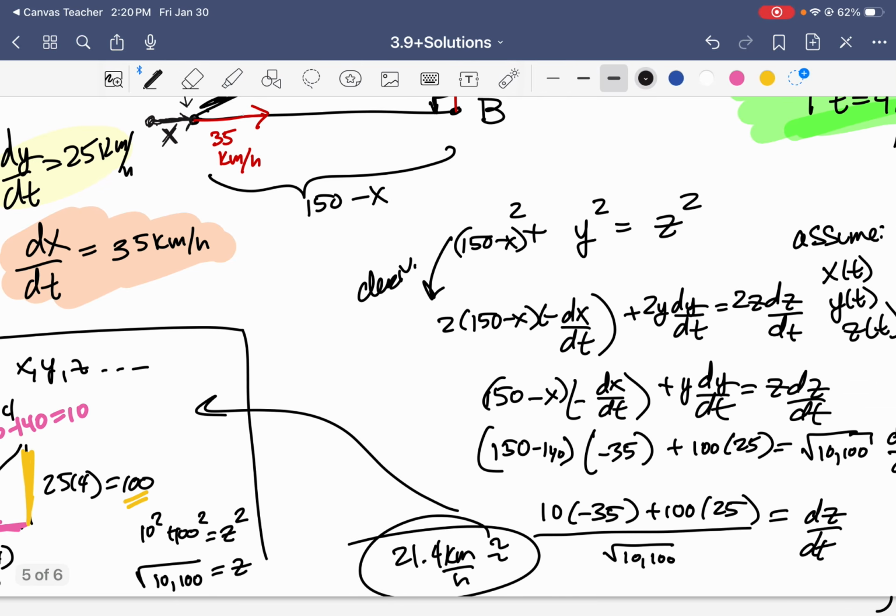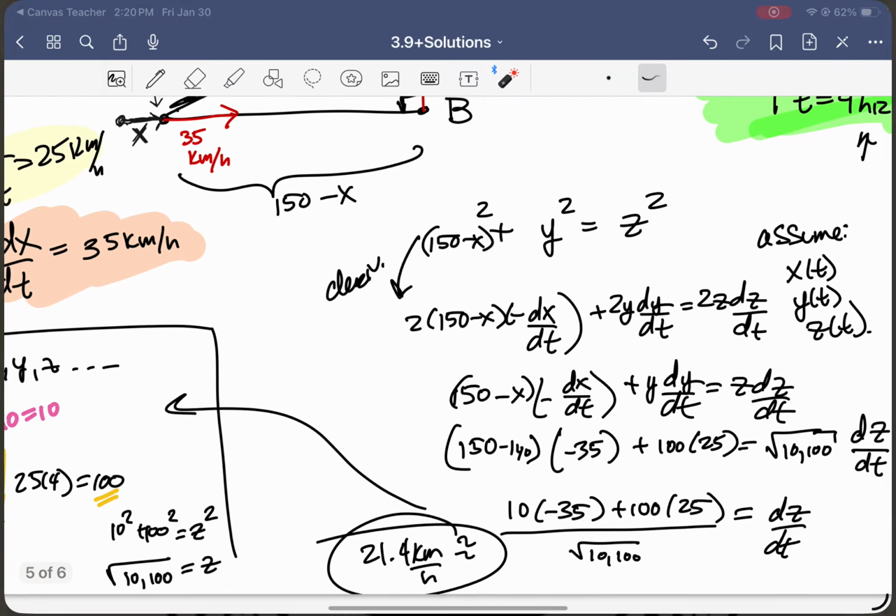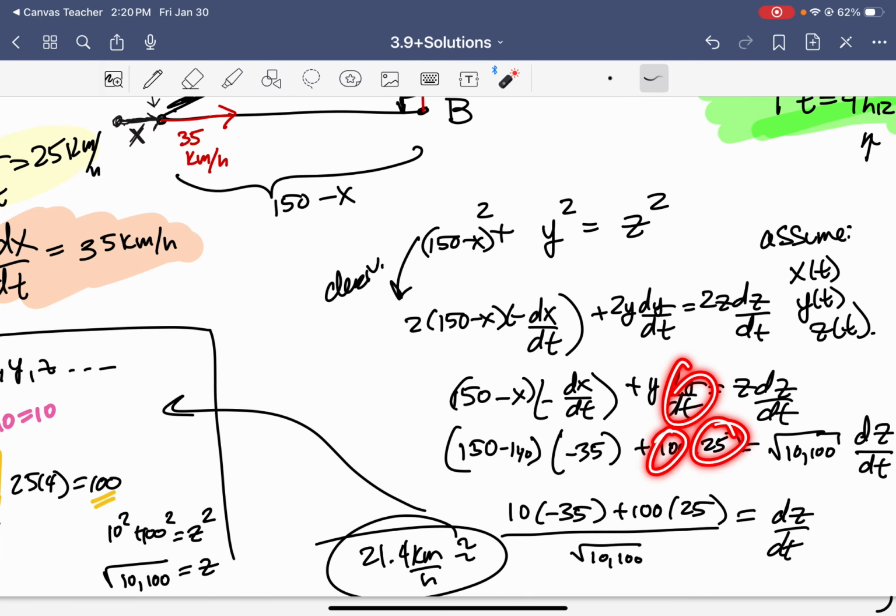So if we plug in x equal to 140 here, again, we end up getting 10. This is negative 35. This y, it's gone straight up, is 100. Dy dt is 25.